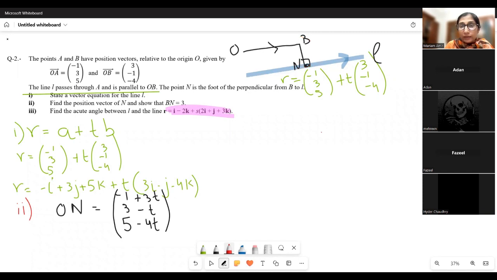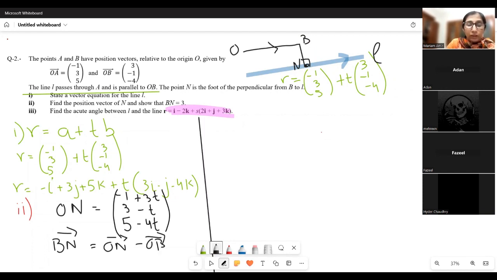Okay, so the expression for ON in terms of t has come. Now I'm going to find the expression for BN in terms of t. So BN is ON minus OB. We have both of these.